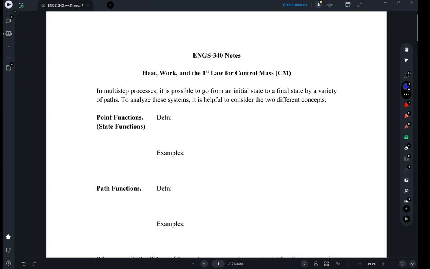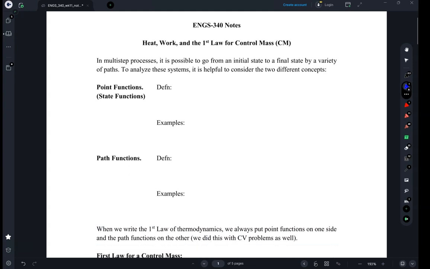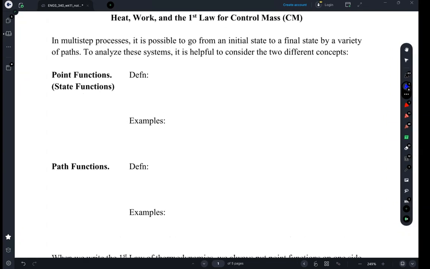Before we start, we're going to talk about the difference between point functions and path functions. These are both things that we've encountered before, but we haven't really used this specific terminology to name them. So a point function is a function whose value depends only on the state.